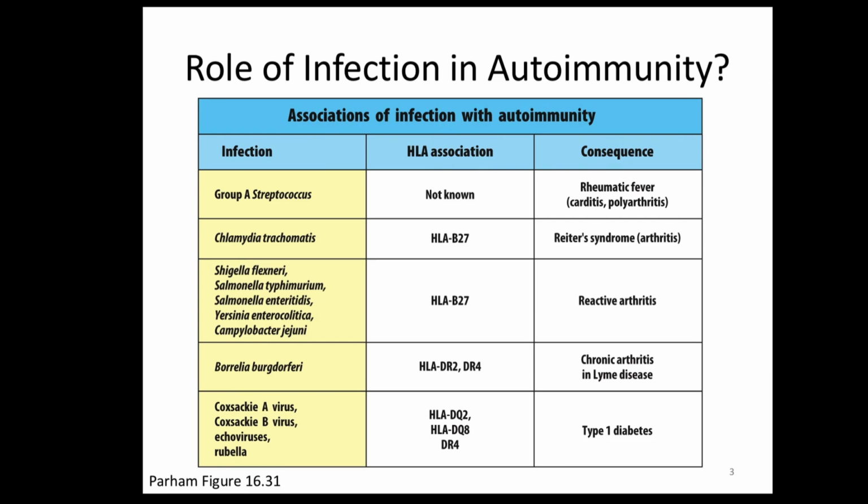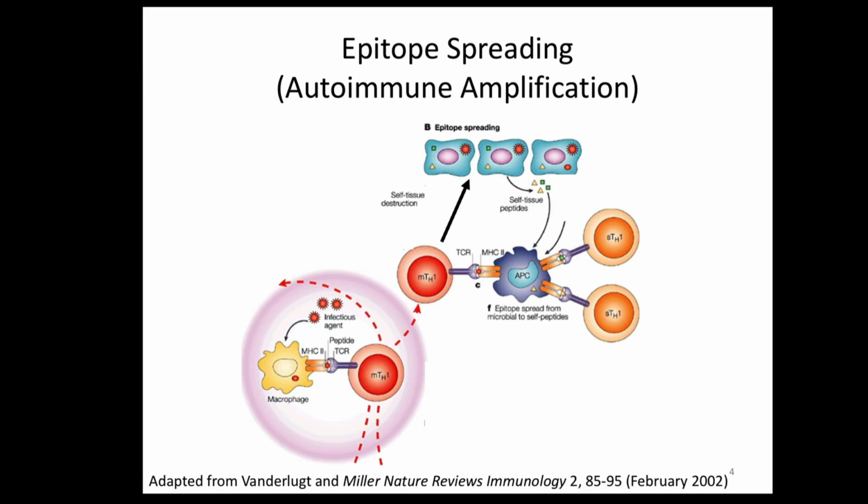The next slide does mention one mechanism that you can imagine as being related to breaking ignorance or breaking immune privilege, although it's not perfect. And this mechanism can actually be involved in a lot of different places. I put it here because it does tie into ignorance: something known as epitope spreading.